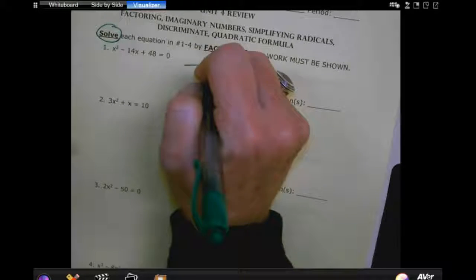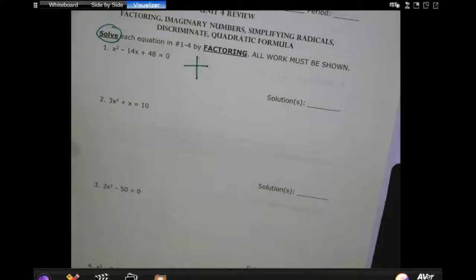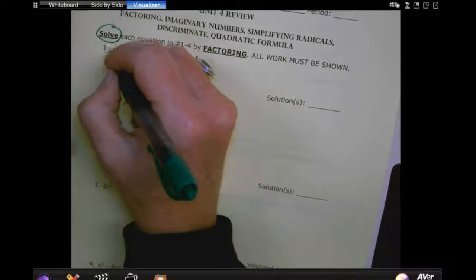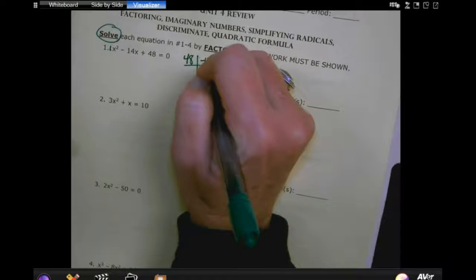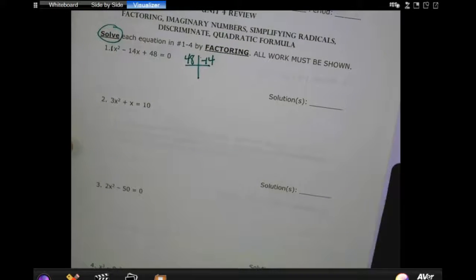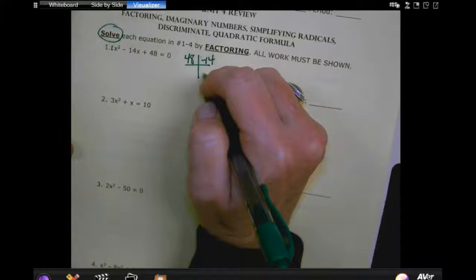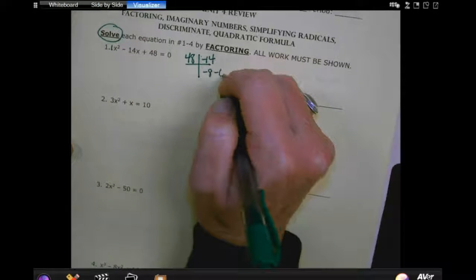So when I start, I have to start with the t-chart, A times C. So my A this time is 1. 1 times 48 is 48, and my B is negative 14. So I want factors of 48 that add to negative 14. Anybody? Negative 8, negative 6. Very good.